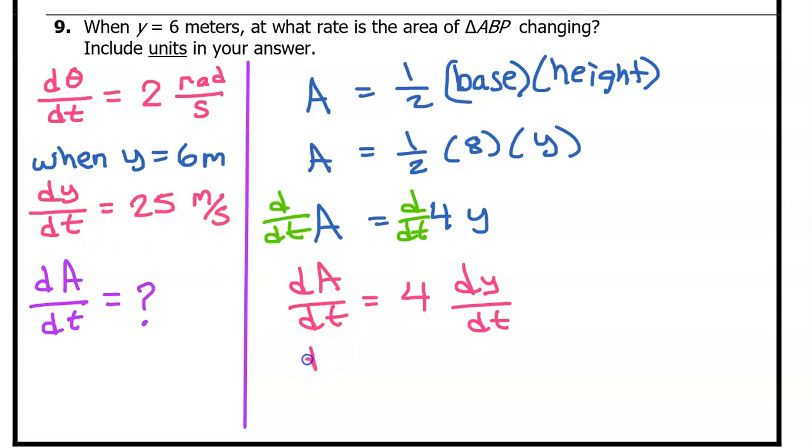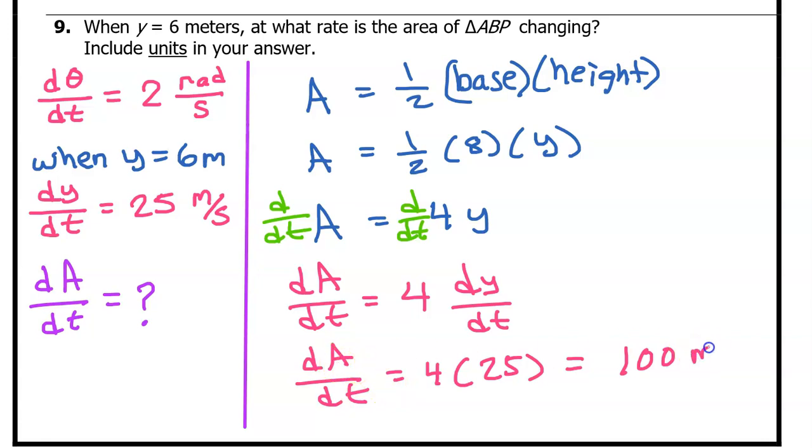So that means that dA dt will be 4 times 25. So that is 100, and so we're talking about the change in area divided by the change in time. So area is in meters squared, and time is in seconds. So we have 100 meters squared per second.